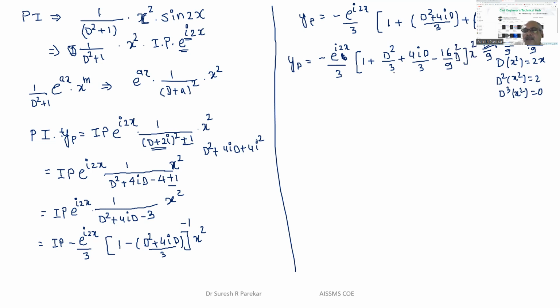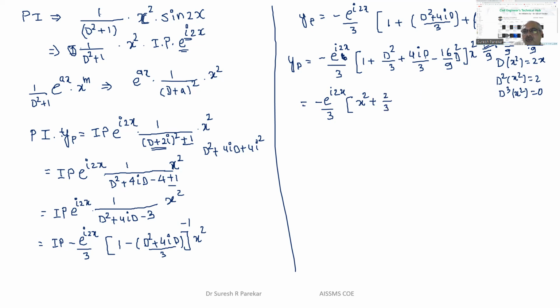And then multiply by x square and put the relative terms: D of x square 2x and D square of x square 2. So from this we will get equal to minus e^(i2x) upon 3 in bracket we have x square. Now D square we have 2, so plus 2 by 3.